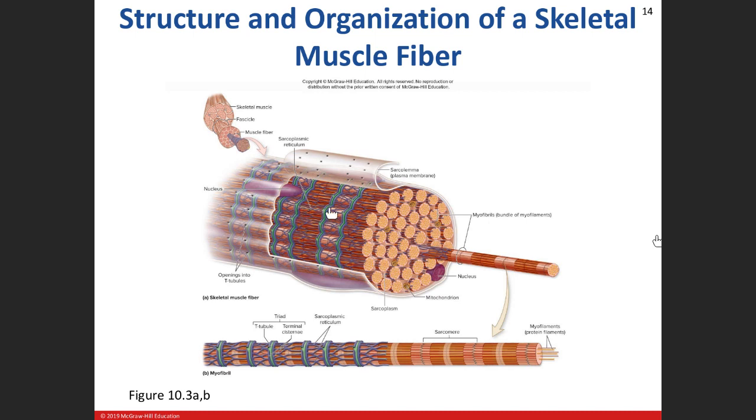And then on either side of those green tubes, you can see a purple tube. Those are referred to as the terminal cisterna. Think of the terminal cisterna as reservoirs for calcium. Calcium sits inside of these structures.